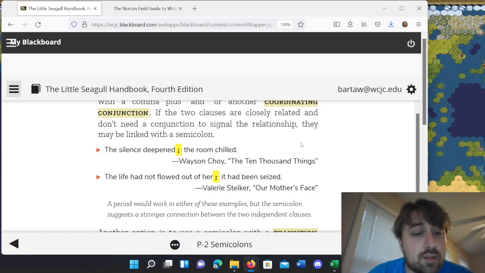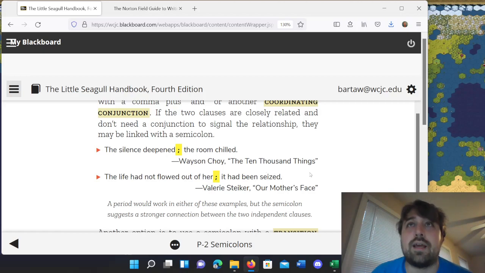Another one: the life had not flowed out of her; it had been seized. In this case, we have a semicolon that connects two things that are also connected. They're saying a similar thing, right? So the "it" is the life that had been seized.